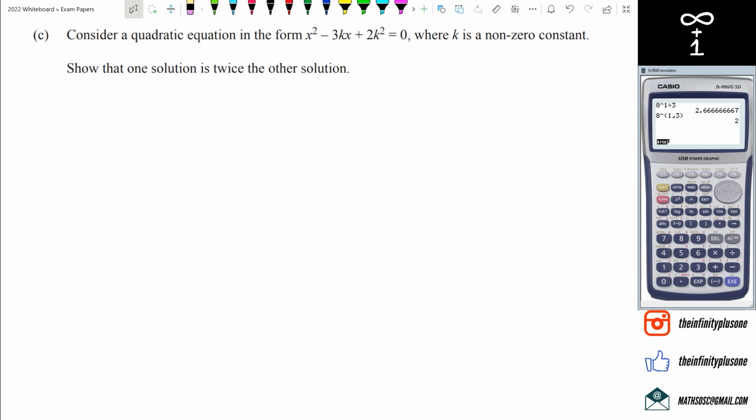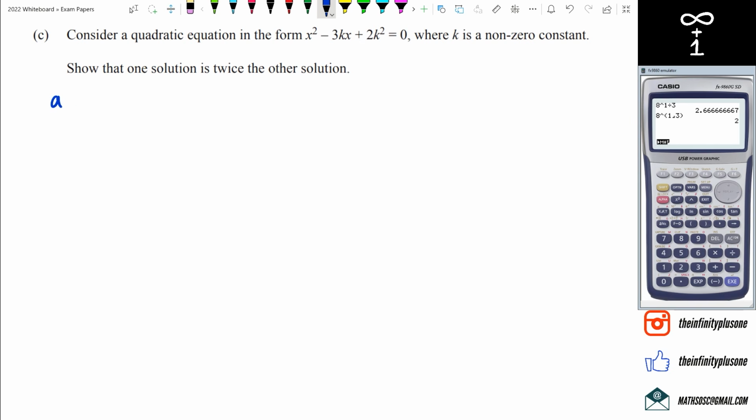The way I would do this, if I was sitting in the exam with you guys, to show that one solution is twice the other solution, I would just put this in the quadratic formula and get my two answers just to see what happens. That's what I'm going to do in this case, and then I'll show you the other method that the answer schedule talks about as well.